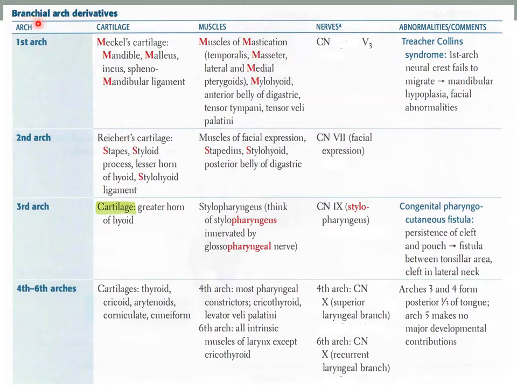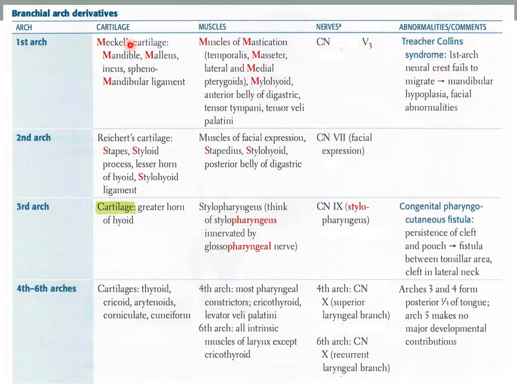Branchial arch derivatives, branchial or pharyngeal. It is the same thing: pharyngeal arch and branchial arch derivatives. Here in this table we have the arch, the cartilage derived from the arch, the muscles, the nerves, and any abnormalities in the development of these arches.